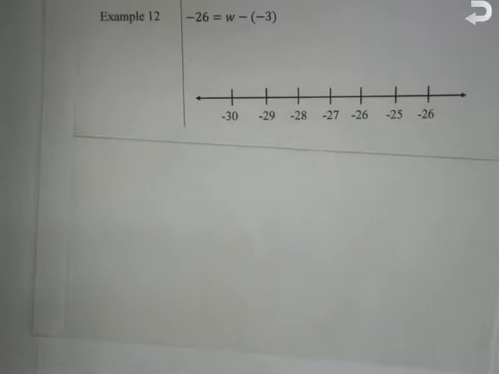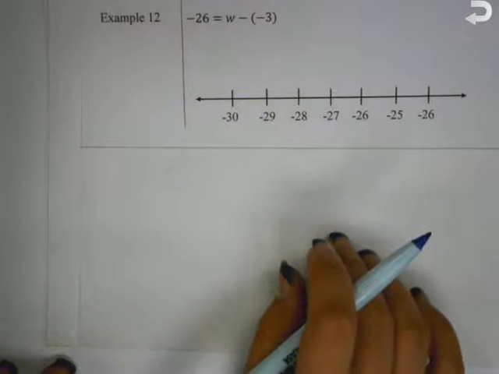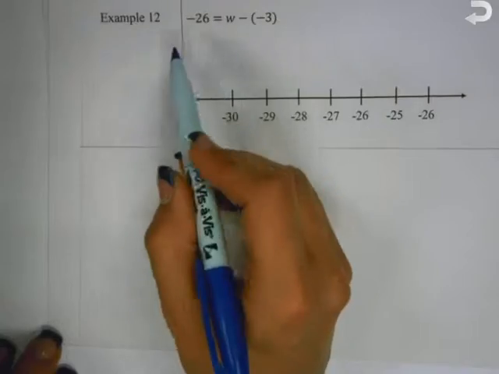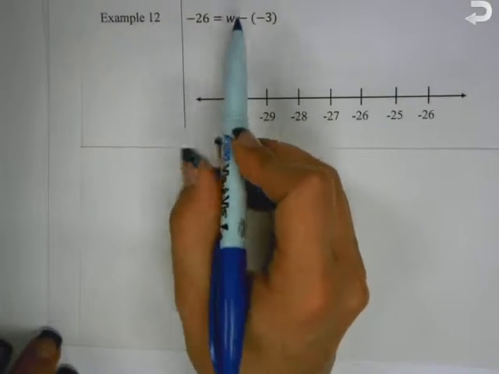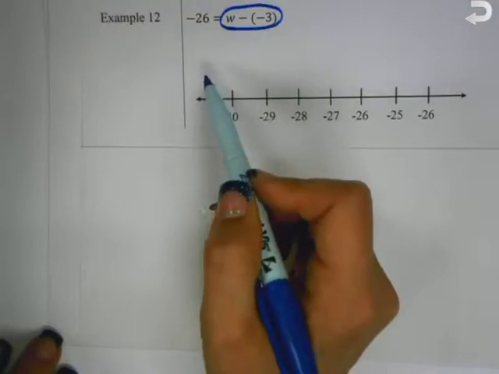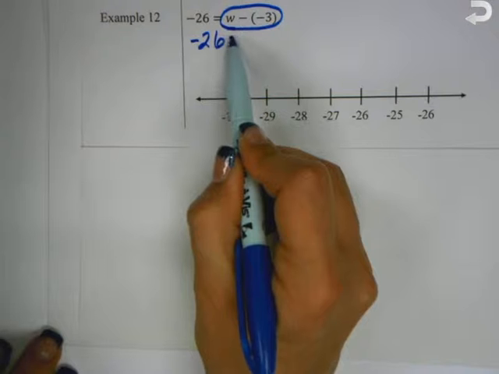So what do I need to do first here? First, I need to simplify that right-hand side. It's not simplified all the way. I have minus and negative, so what happens? It all becomes positive. So this changes to negative 26 equals W plus 3.